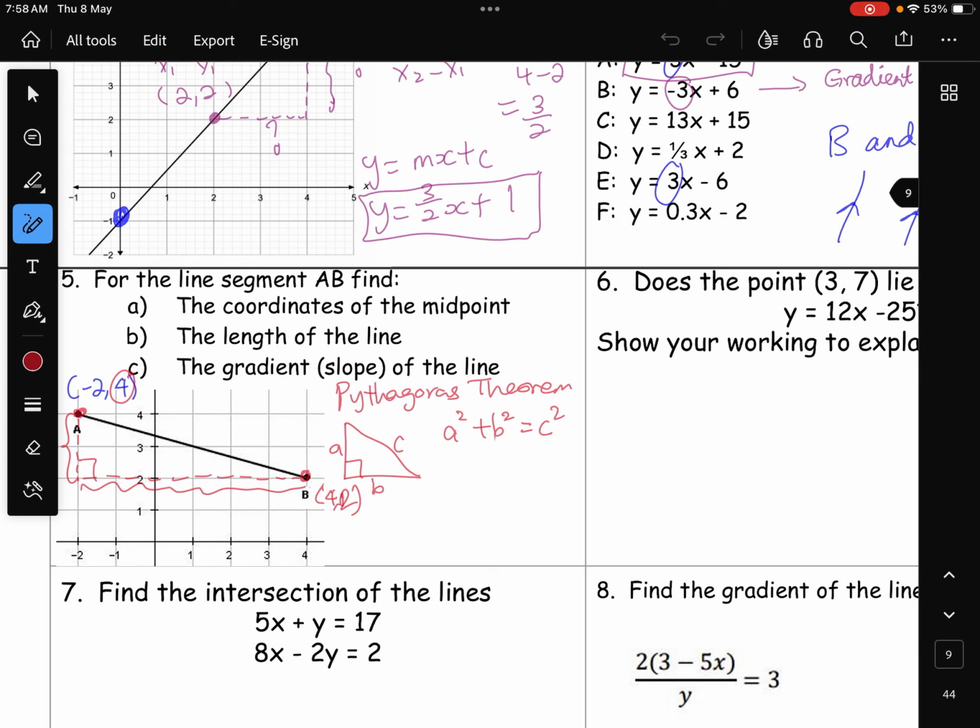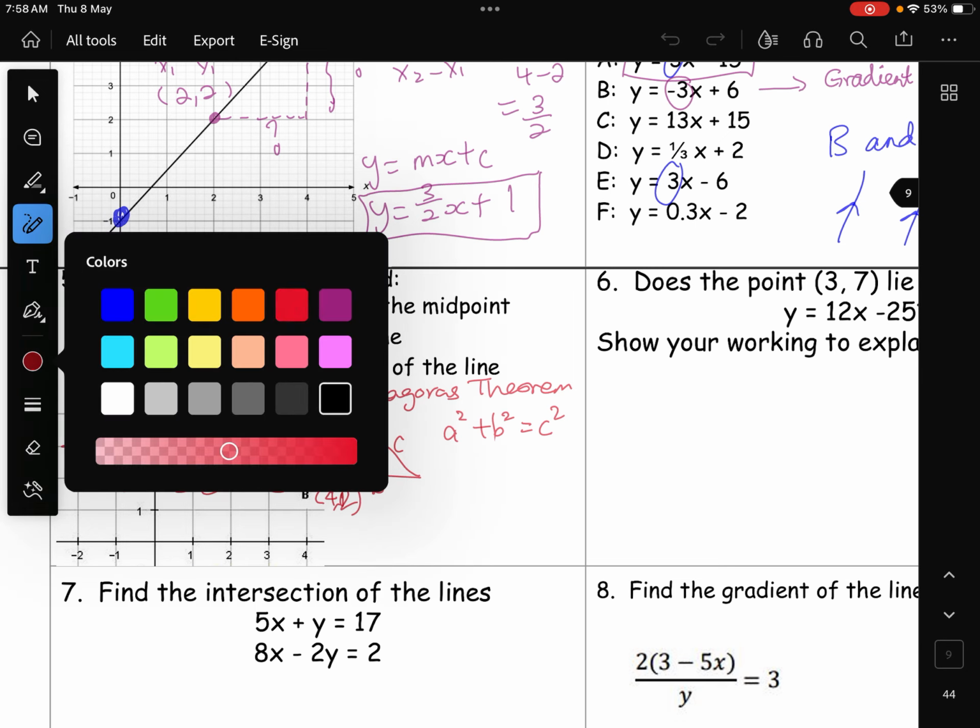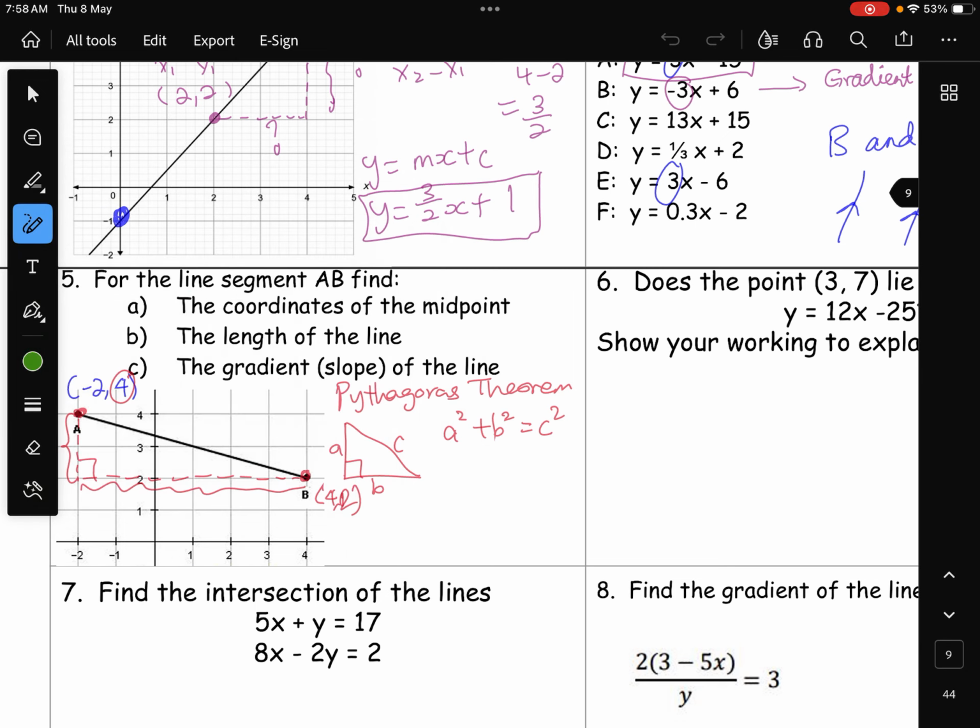We do know that this vertical distance is going to be 2, because we look at 4 and we look at 2, so the difference between the two y coordinates is 2. And the length of this horizontal line is from -2 to 4, and if you just count, it is simply 6.